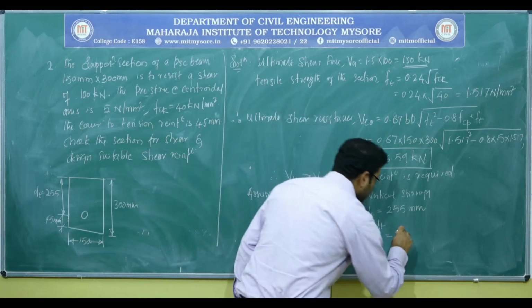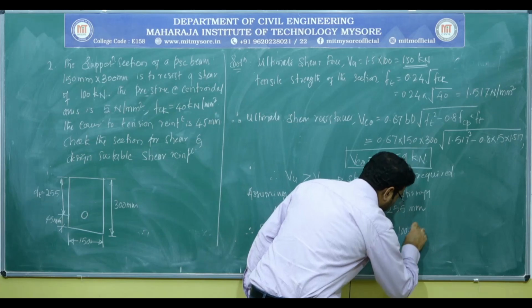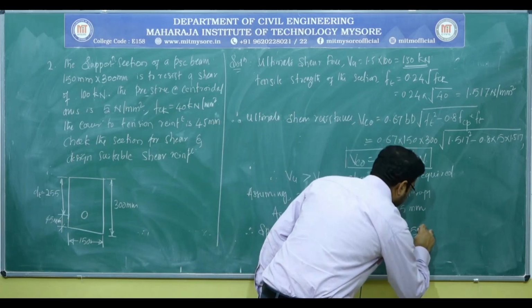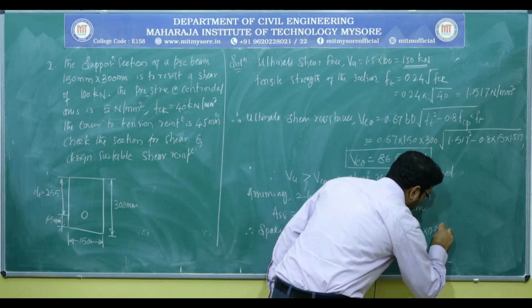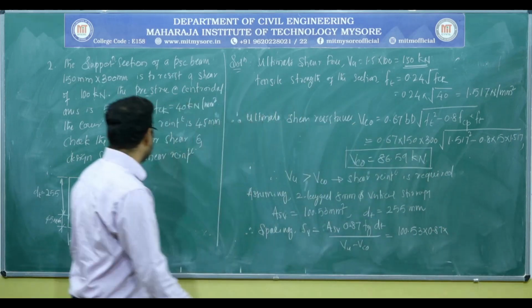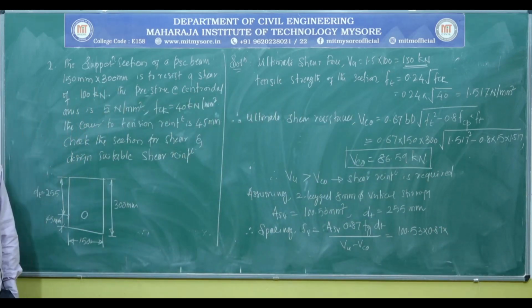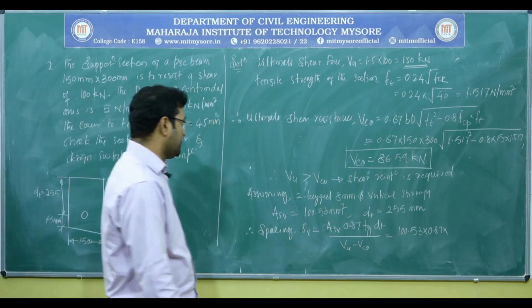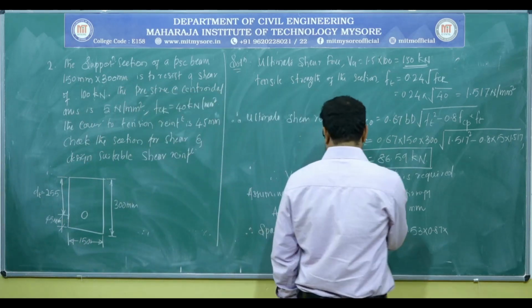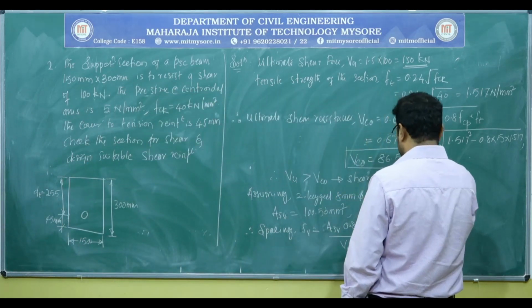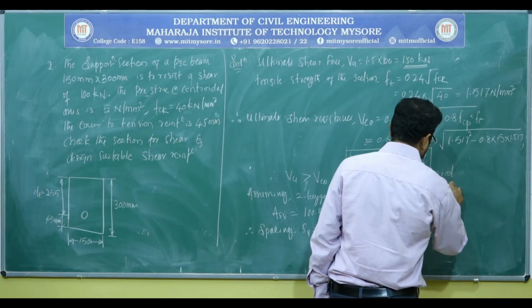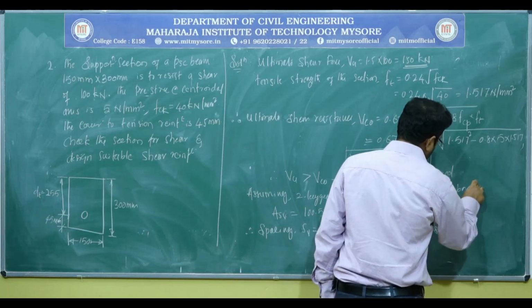So if I substitute the values here, it is 100.53 into 0.87 fy. I think fy is not given, assuming HYSD bars.